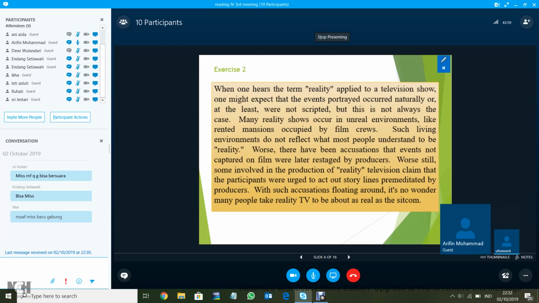What do you think? What is the main idea of this text? That's a supporting statement, but that wasn't the answer, right? That wasn't the main idea. It's just like a supporting sentence.